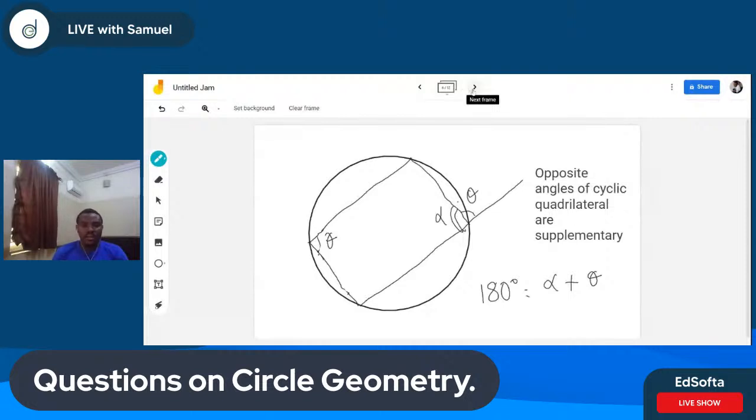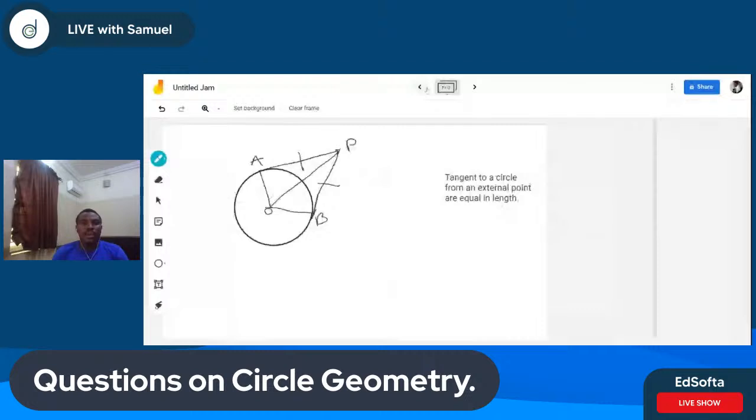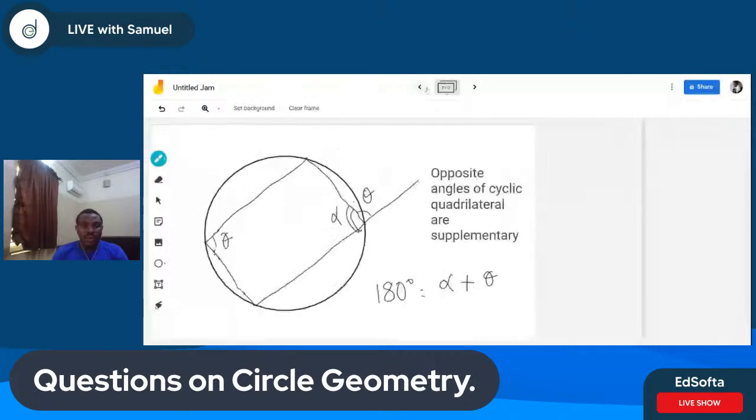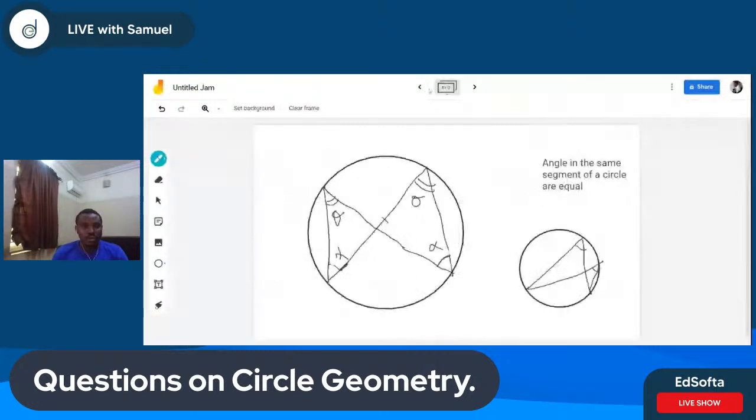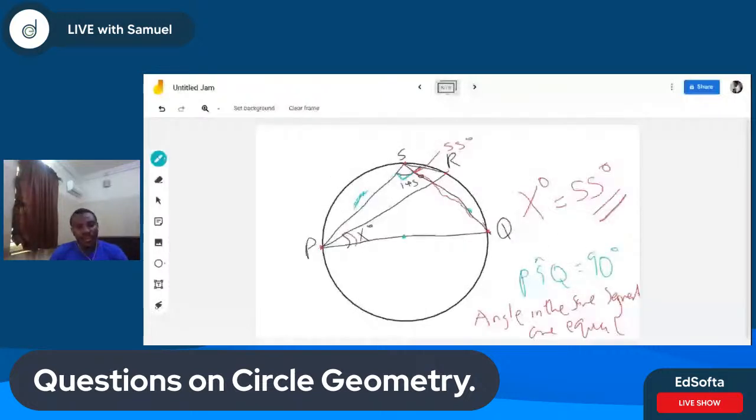You can leave the ones on the tangent and the alternate segment, but at least the first 6 should be known. For your JAMB, I am very sure these first 6 should be paramount and what you are going to study critically.